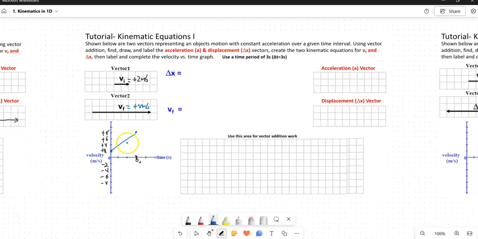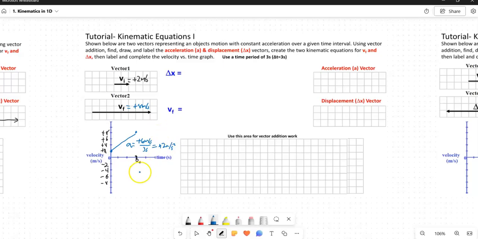So the slope of this line is our acceleration. So the slope of that line is going to be 2, 4, 6, and then over 3. So that's going to be a positive 6 meters per second change in velocity over the period of 3 seconds. So that is going to be a positive 2 meters per second squared.